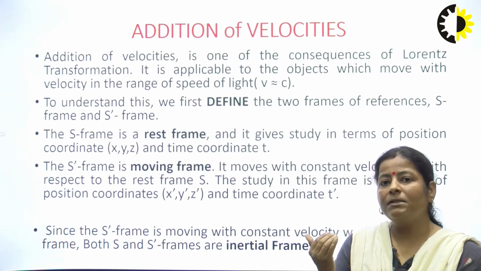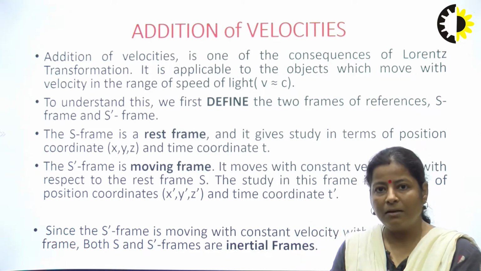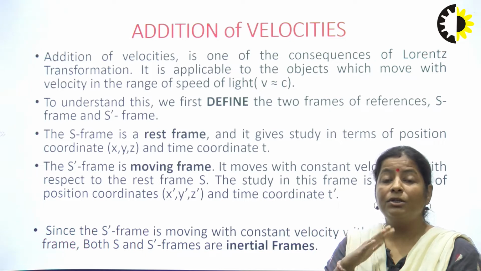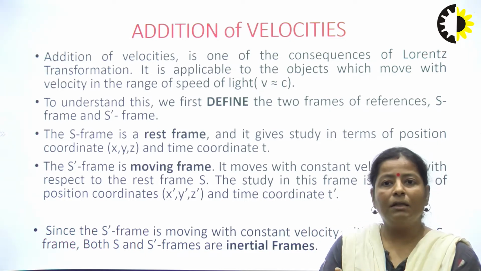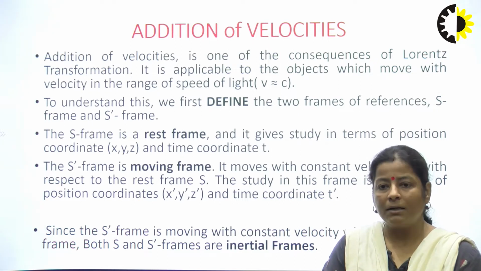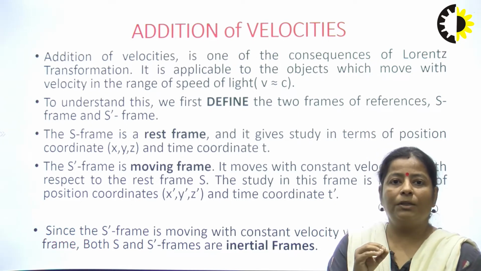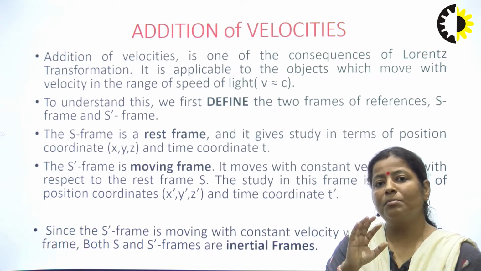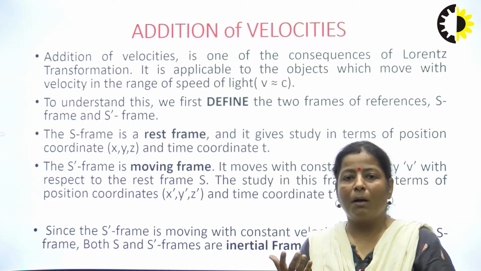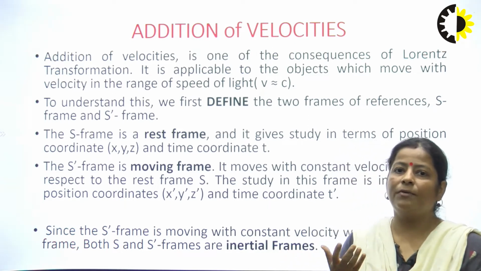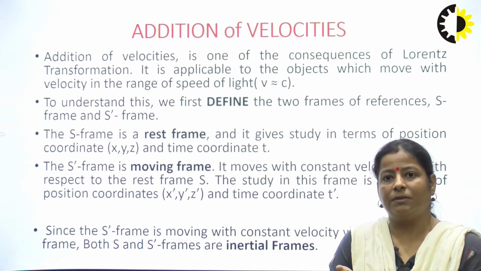One is the classical or general relativity, where we discuss the relative motion of particles moving with a velocity much less than the speed of light. So, those motions come in the general theory of relativity.